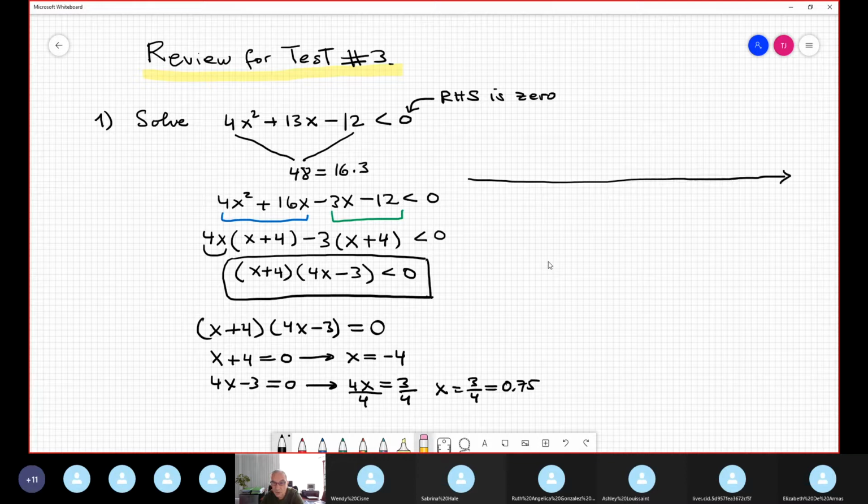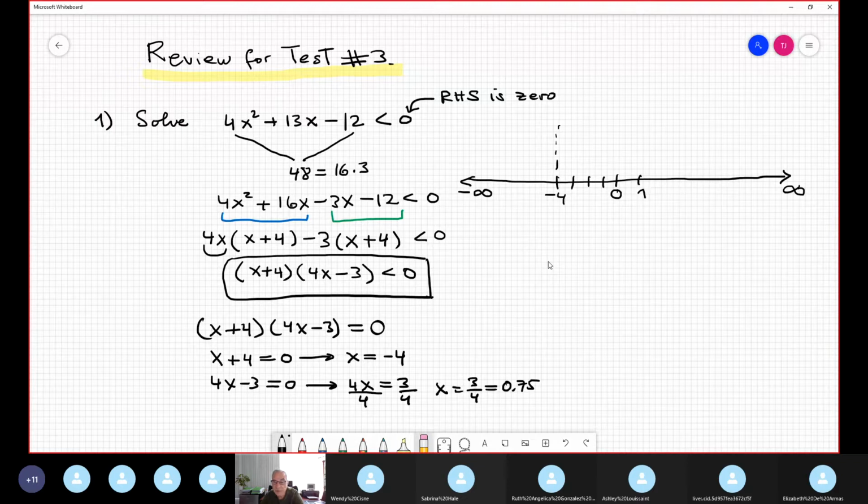Remember, at this moment of the solution, we stop algebra a little bit and I go directly to the graphic part. This is 0, 1, 2, 3, negative 4, partition and 0.75.